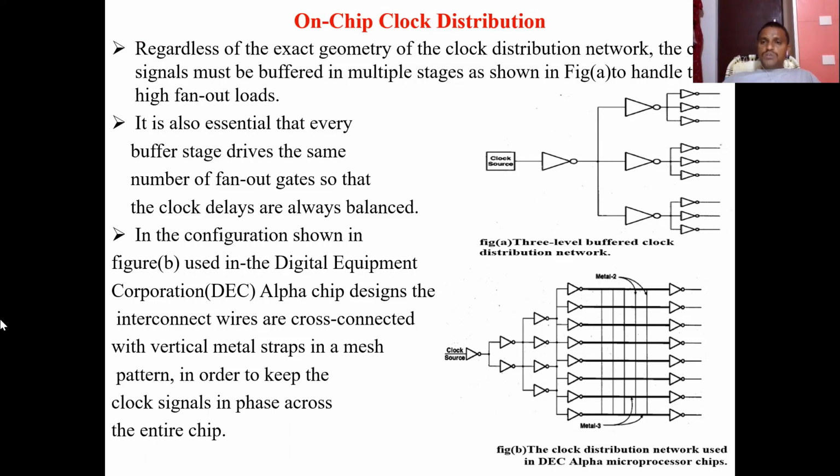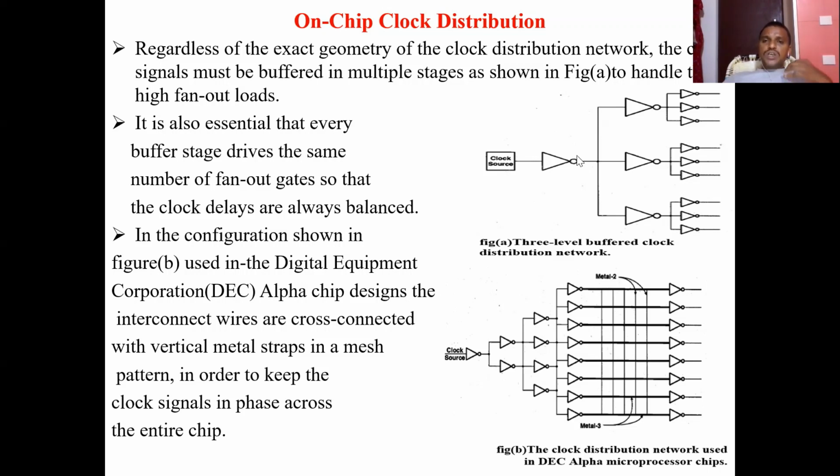The buffering is needed to handle the high fan-out loads. So what does fan-out mean? The number of devices that can be driven by the output of a gate is called the fan-out. Suppose this is the output of this inverter.